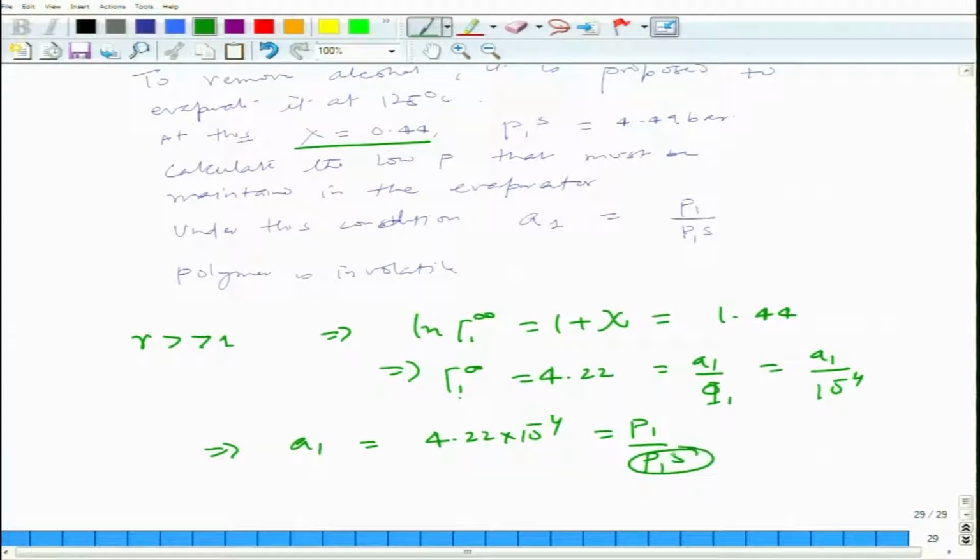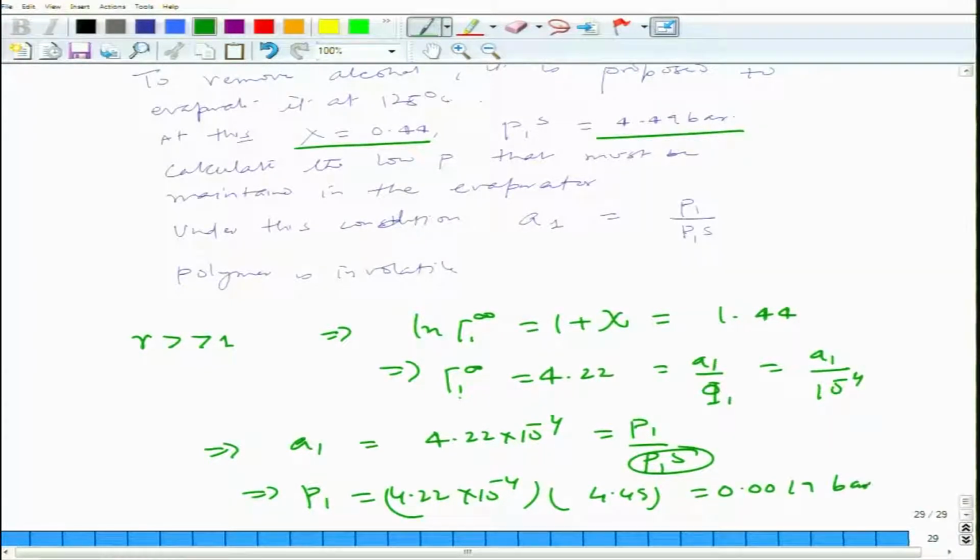P1 stat we know is given as 4.49 bar, which essentially means P1 turns out to be 0.0019 bar, okay.